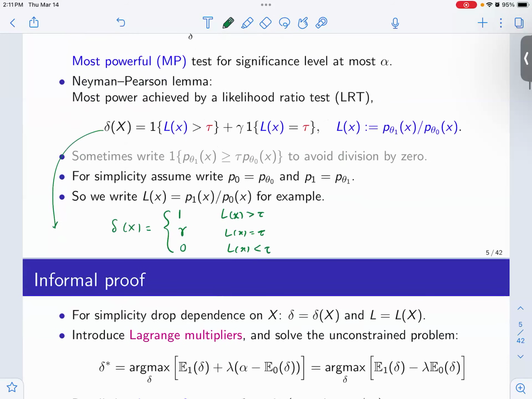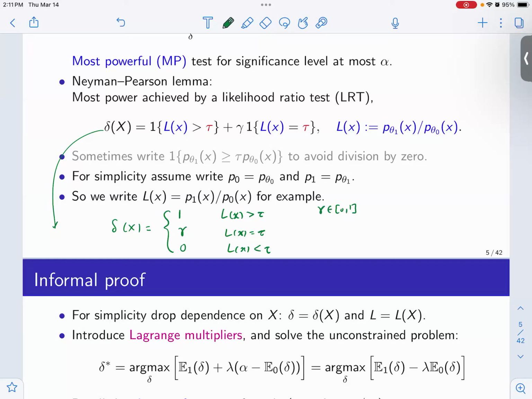Okay, so what this is saying is if L of x is bigger than tau, we say that the alternative is true. If it's less than tau, we say that the null is true. If it's equal to tau, we randomize. You flip a coin, this gamma is in 0 to 1.